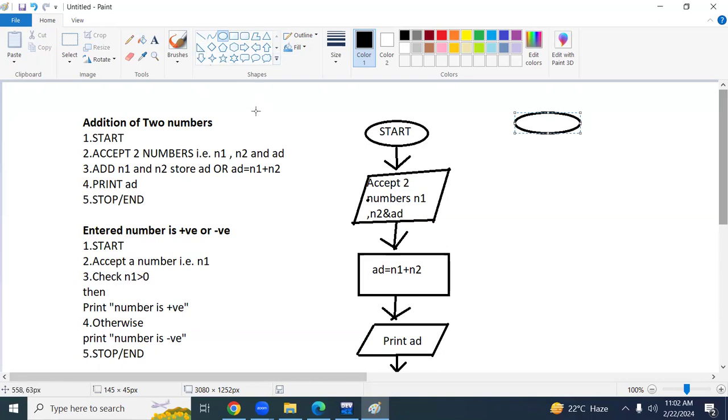Because the two steps you know: first is the oval shape for start, then the second is accept number n1. So can I start with the third one? Because the drawing is taking lots of time. Is it okay, guys? Or do you need me to show all the steps, ma'am? Please show one more time. No problem.